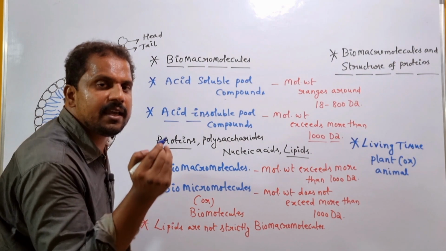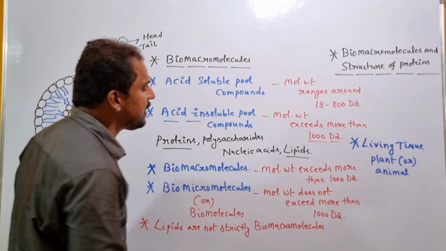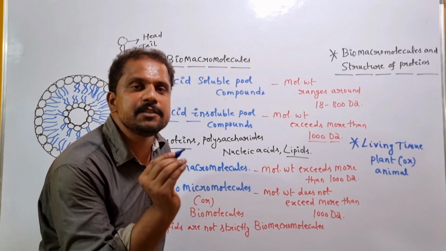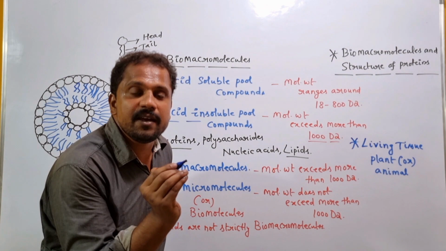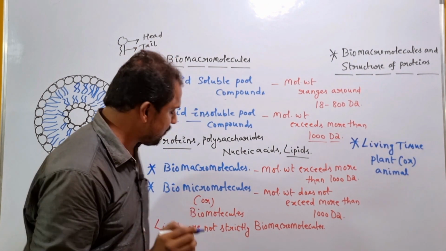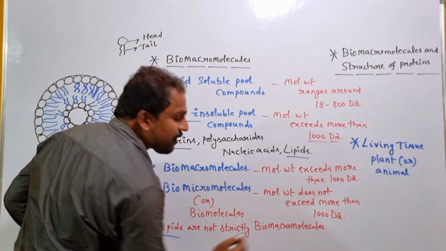That is why these compounds are capable of dissolving in water. But the lipids don't contain any specific net charge, so the lipid molecules won't dissolve in water. Is it clear? That is why lipids are not strictly biomacromolecules.